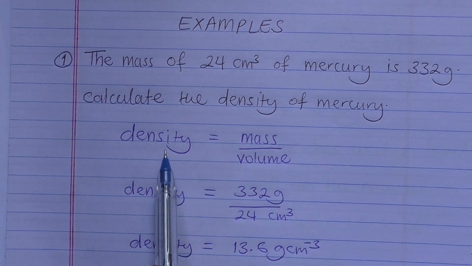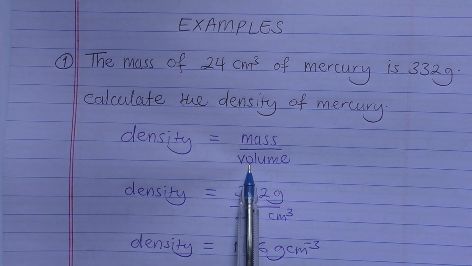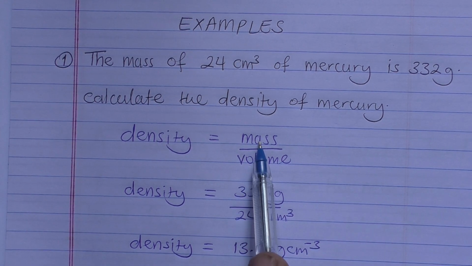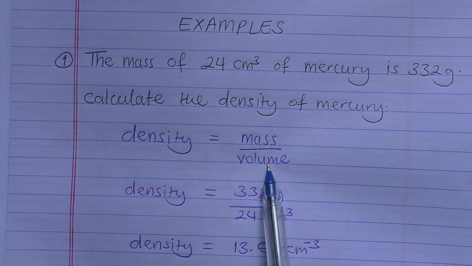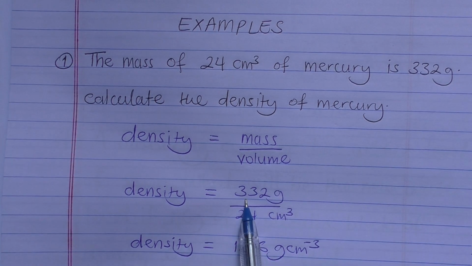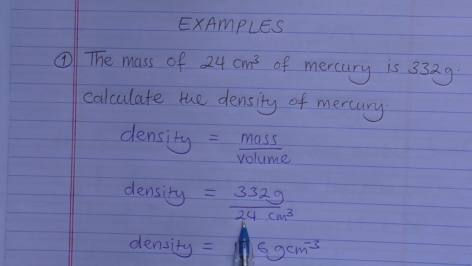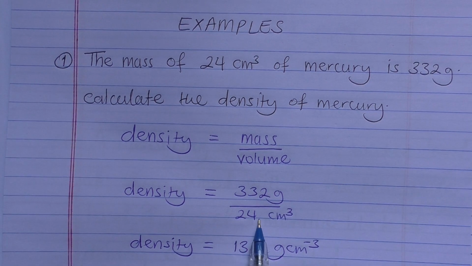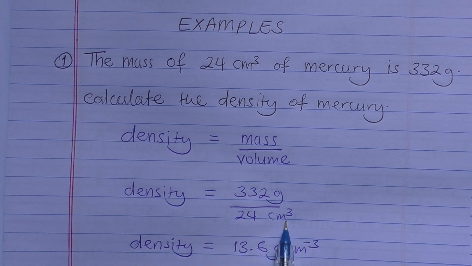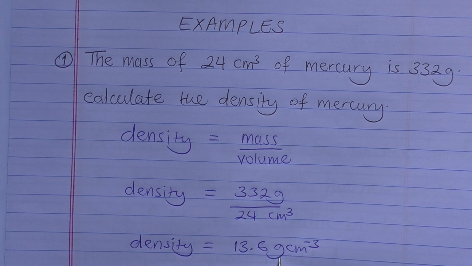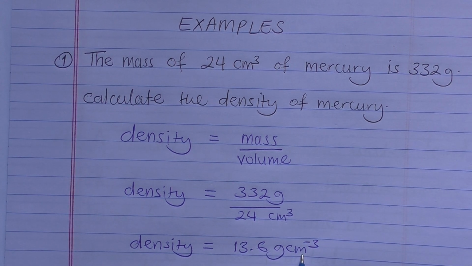So, since density is mass over volume, we shall substitute for mass and volume, where the mass is 332 grams and the volume is 24 cubic centimeters. So that gives us 13.6 grams per cubic centimeter.